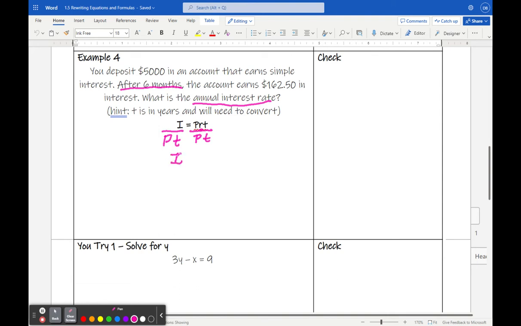So interest over principal times time equals the rate earned. Now, you deposit $5,000 in the account. That's your principal.